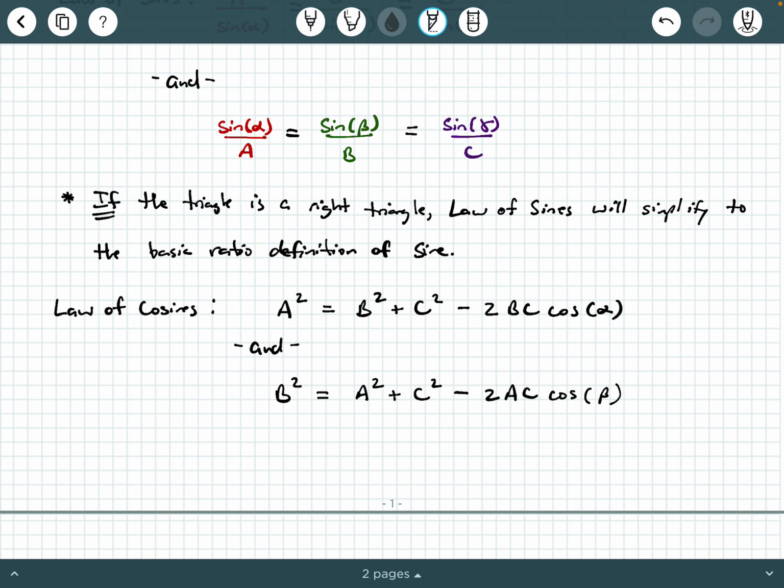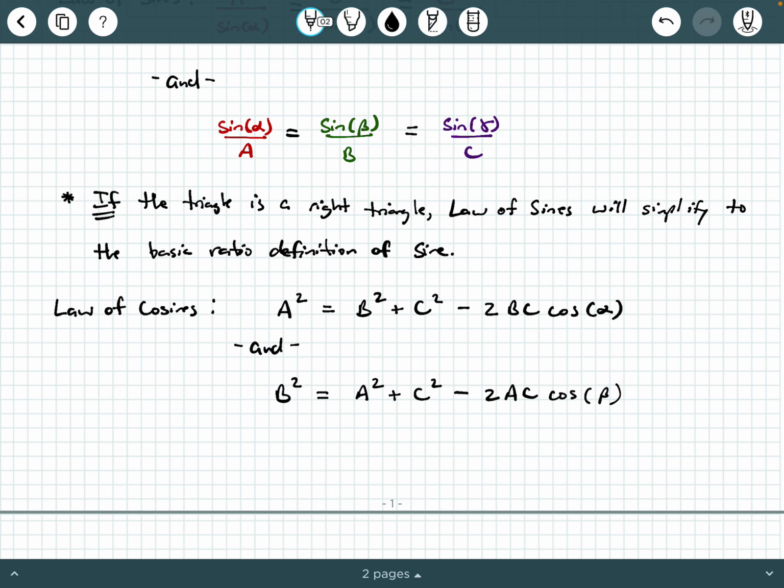So if you wanted to say this very generically, you could say one of the sides squared is equal to the sum of the other two sides squared, minus 2 times the product of the other two sides, also times the cosine of the opposite angle. Okay, so that's how you could say that in words, all right?